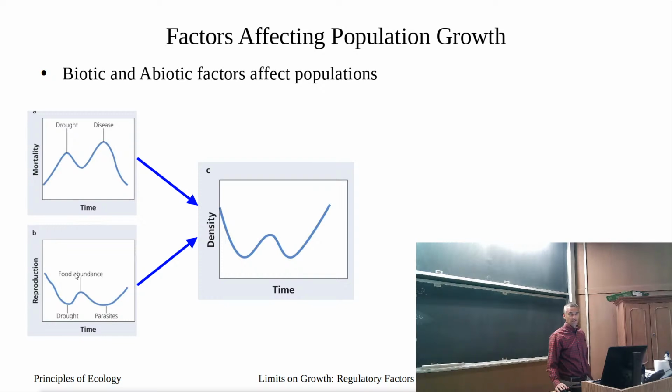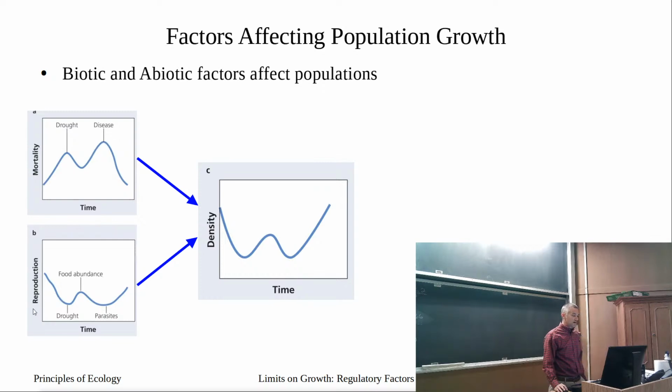Usually it's a biological interaction because we're feeding on other organisms. But you've got mortality rates. Mortality rates increase as we enter droughts. And then as we come out of the drought, our mortality rates decline. And then when disease comes around, it picks up our mortality rates. So our mortality rate changes through time because of these different factors.